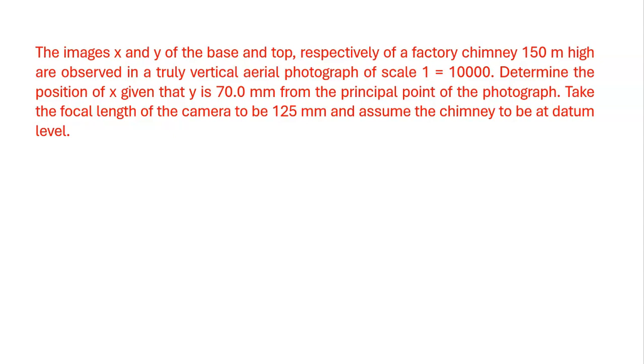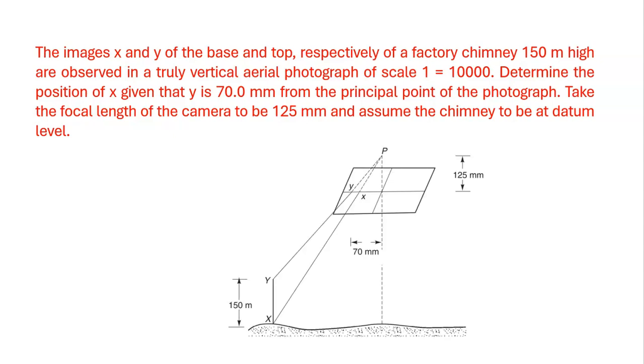So let's start drawing the diagram for this. This would be an approximated representation of the given problem statement. The capital XY is a chimney. X is the bottom and Y is the top of that chimney. And this level is the photographic plane. This is the photograph where we would generally observe small x and small y. So this is the principal level.